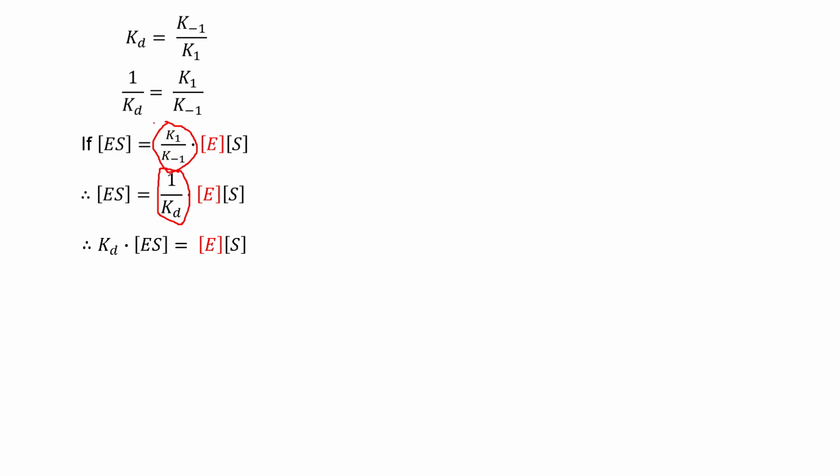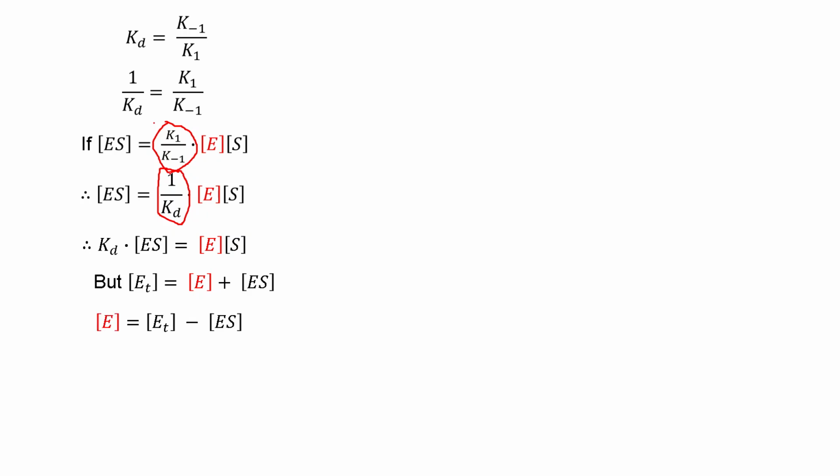Now, remember that E is the free enzyme. The enzyme concentration we are calling E is the free enzyme. So if we remember one of the assumptions we have made, the last assumption, where we say that the E total is equal to the free enzyme plus the bound enzyme, which is our ES, we can calculate what E is.